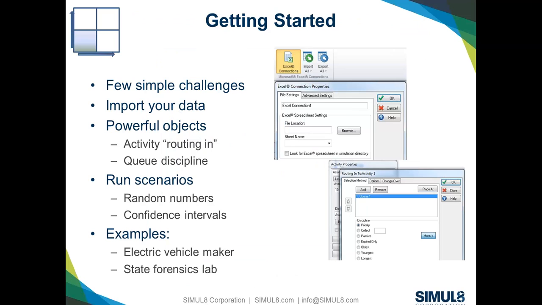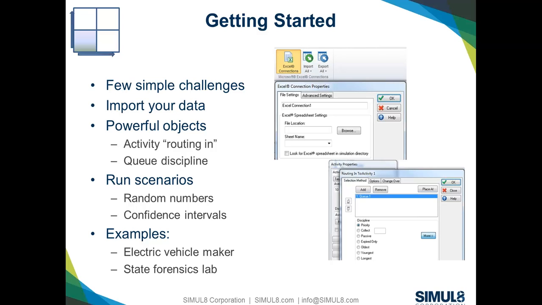Okay, so when you first get started, you can see the upper left-hand corner of this slide. You can see we're in kind of the left corner of the quadrants. If you have a few simple challenges, one of the first things you want to do is be able to import your data. And in our 2013 release, we introduced the Excel connections. It's a really quick and powerful way to get your data right from your spreadsheets into your models.